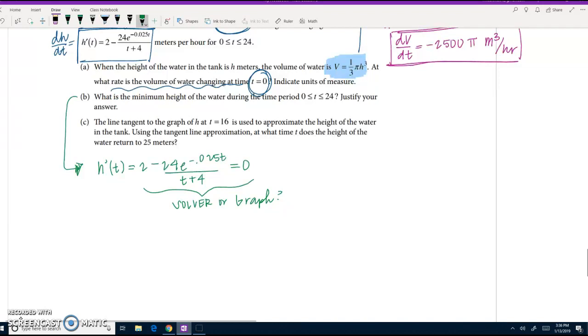So if we plug this in, we have 2 minus, and then our expression is 24e to the negative 0.025, and then on your calculator that's going to be an x instead of a t.